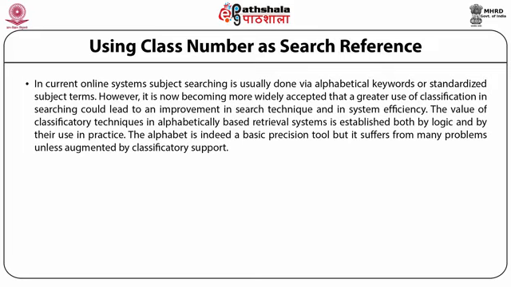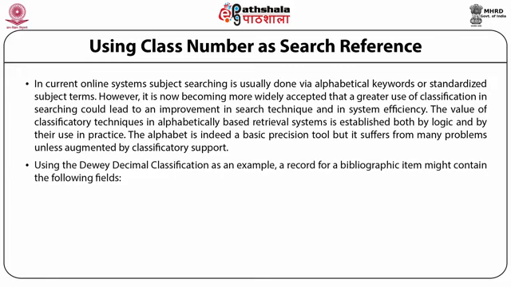The value of classificatory techniques in alphabetically based retrieval systems is established both by logic and by their use in practice. The alphabet is indeed a basic precision tool, but it suffers from many problems unless augmented by classificatory support.